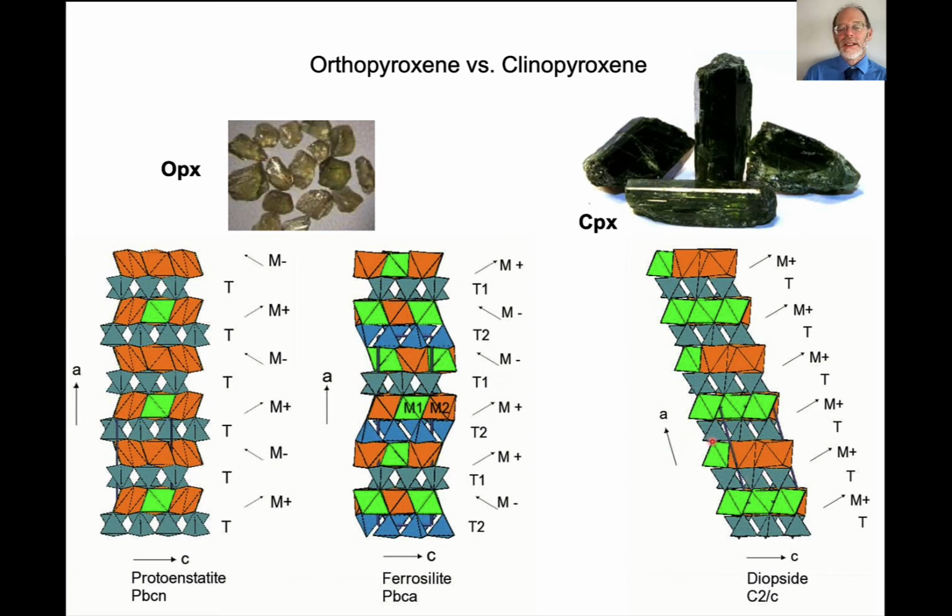And what that does is it inclines the A-axis relative to the C-axis. And that's why we have orthopyroxenes and clinopyroxenes. It has to do with the pointing directions of the octahedra. And of course, this is one of the ways that we identify minerals in thin section, is which ones have parallel extinction, the orthopyroxenes, versus which ones have inclined extinction, the clinopyroxenes.